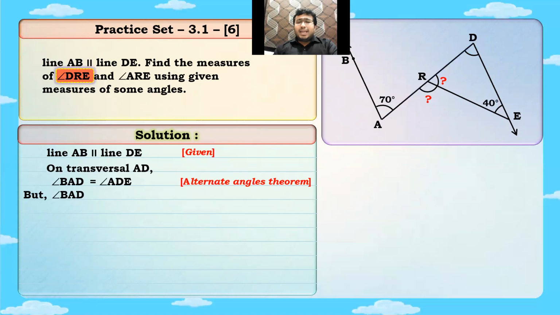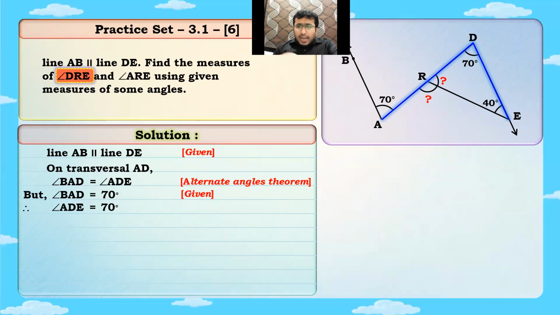Measure of angle BAD is already given as 70. So if measure of angle BAD is 70, tell me, how much will ADE be? Yes, ADE will also be 70. So we got measure of angle ADE as 70 degrees.